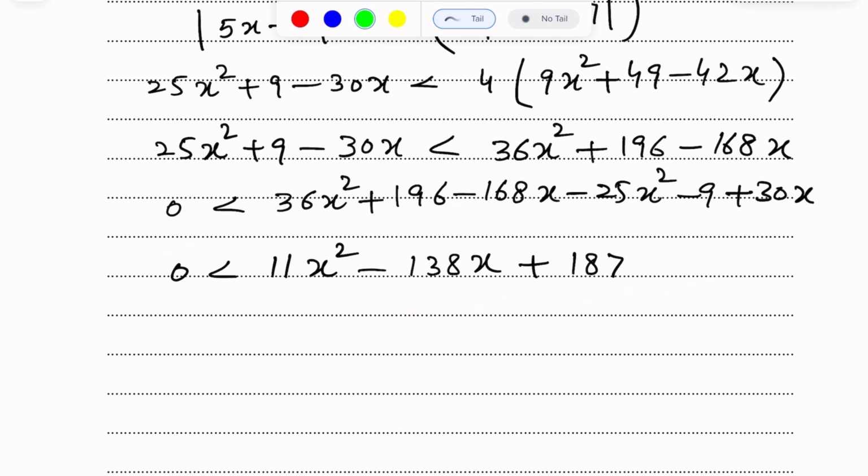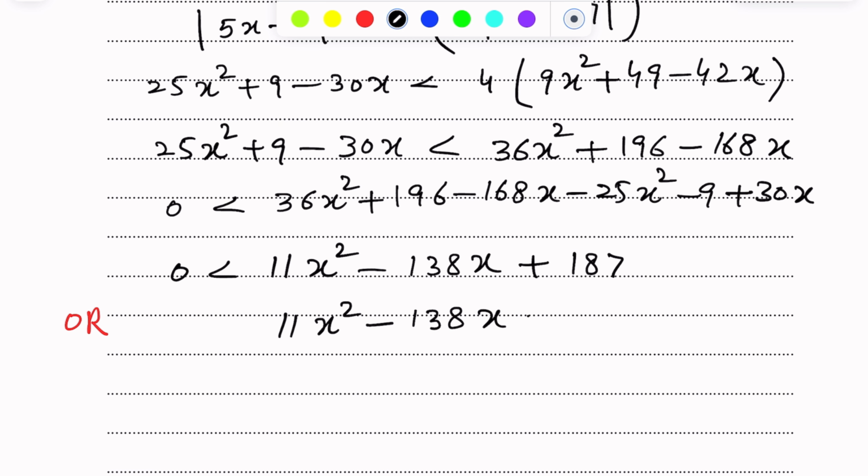Now we can write it as 11x² - 138x + 187 is greater than 0.